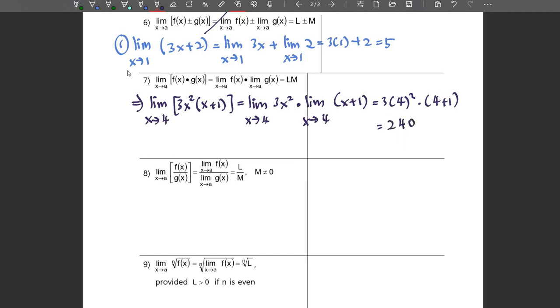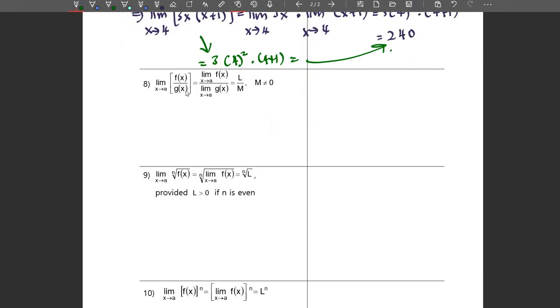Or you can calculate it directly from here: 3 times 4 squared times 4 plus 1, and you will also get the same answer. I'm actually explaining the basic properties of limits.